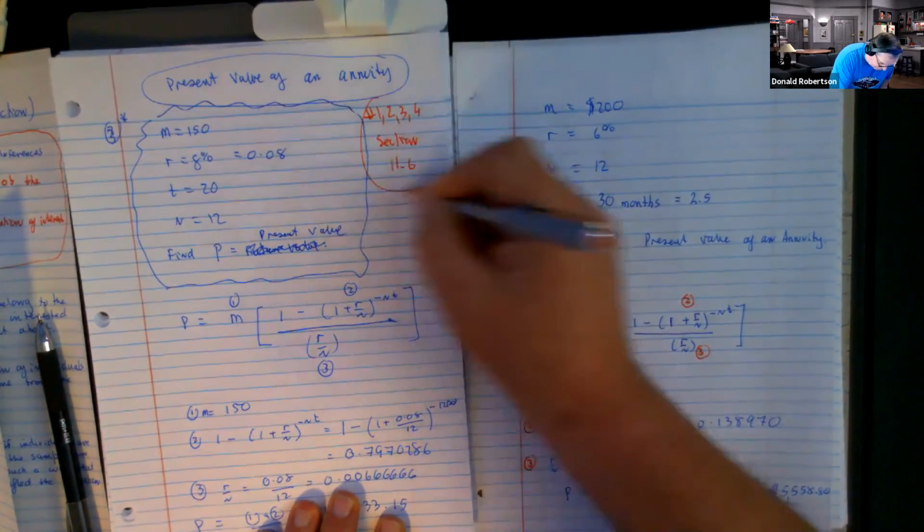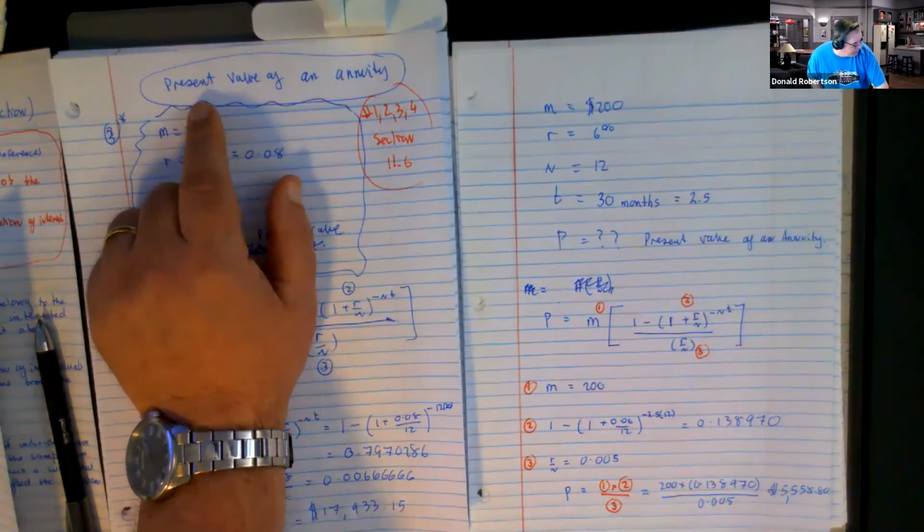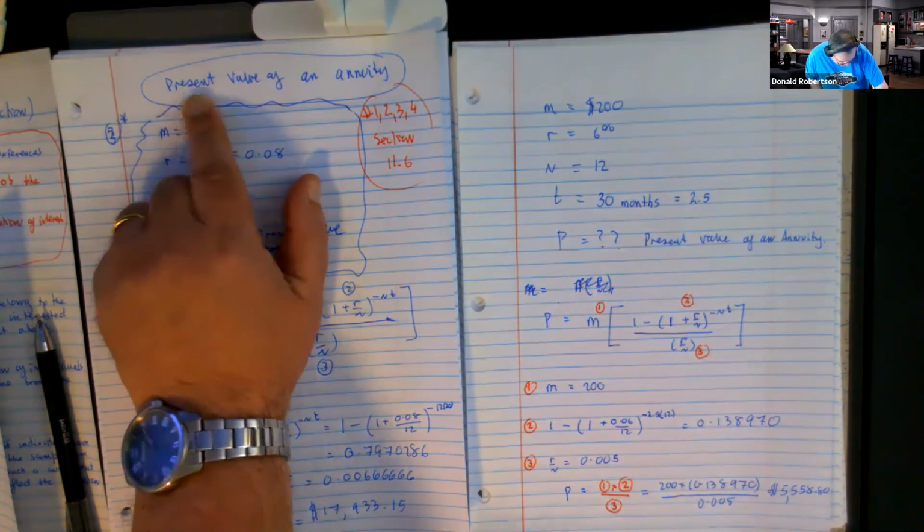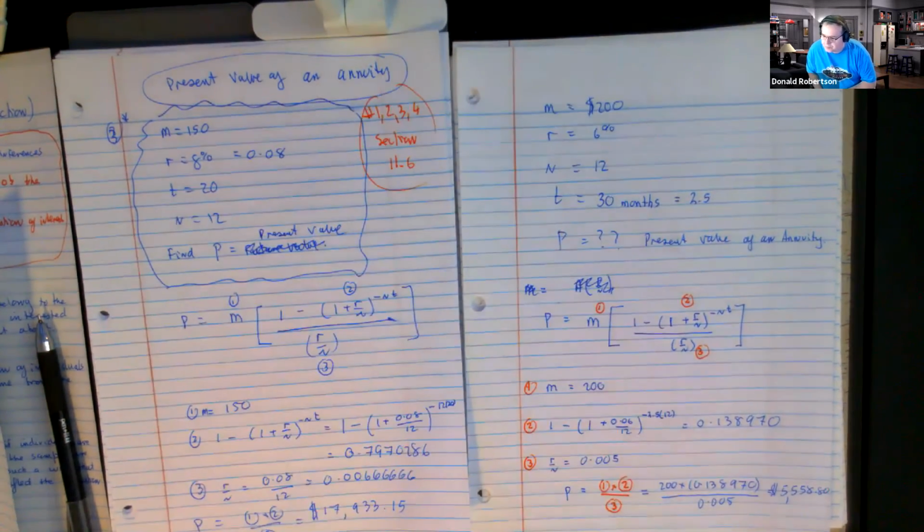And you'll recognize those formulas because they mention present value of an annuity. So that's what we've been doing for the last half hour.